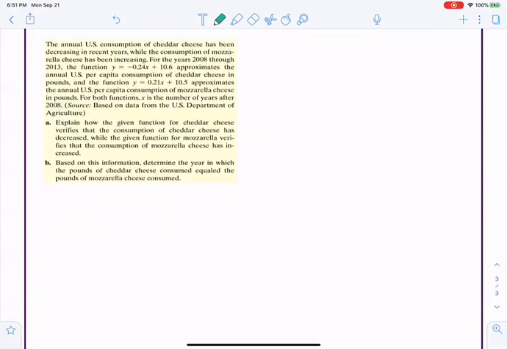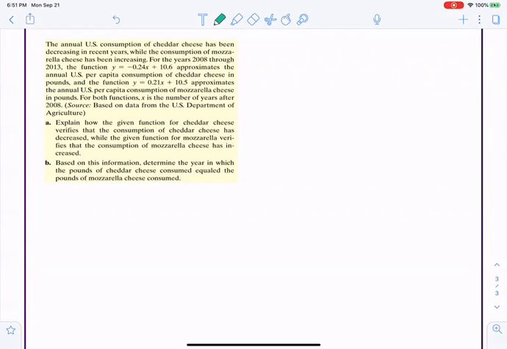So this would be the last problem in problem solving and system of linear equations. So we have the annual consumption of cheddar cheese, and it has been decreasing in recent years, while the consumption of mozzarella cheese has been increasing.